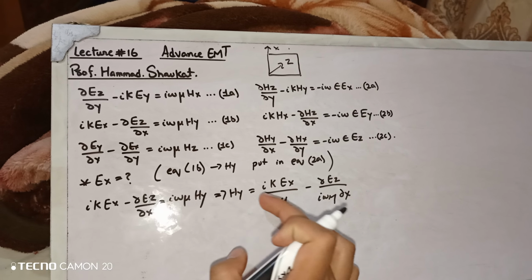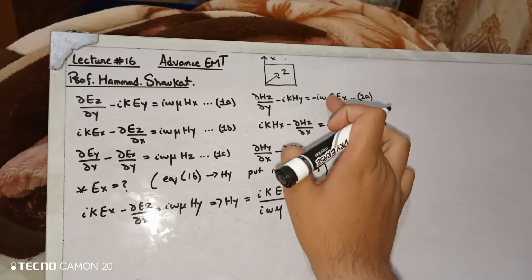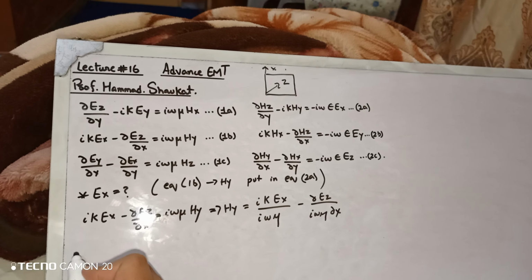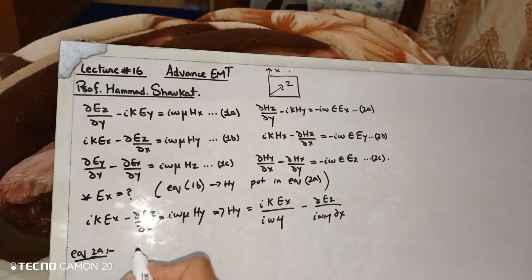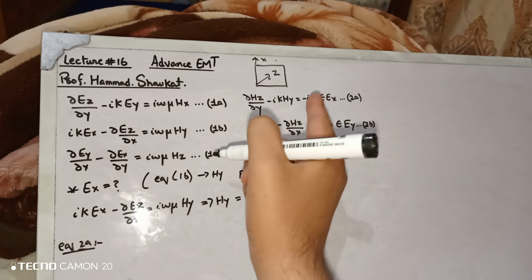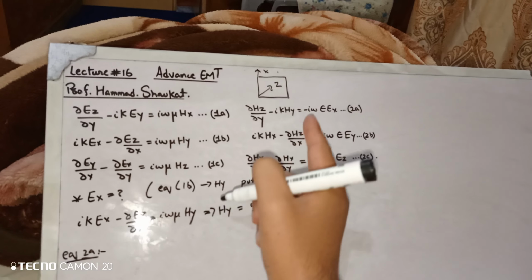Our next task is to put that Hy in equation 2a. So first write this equation 2a. Okay, I'm writing equation 2a, which is this, and we have to put Hy in this equation.